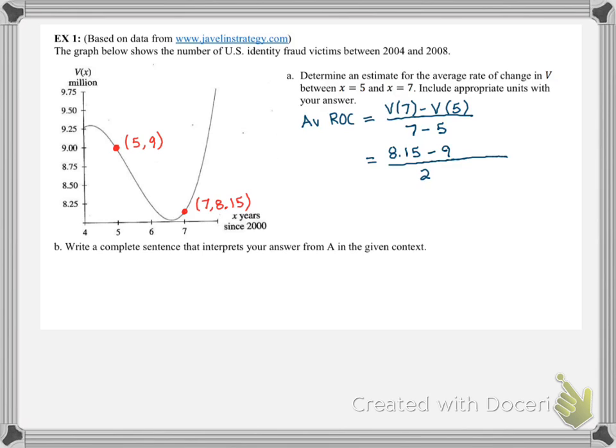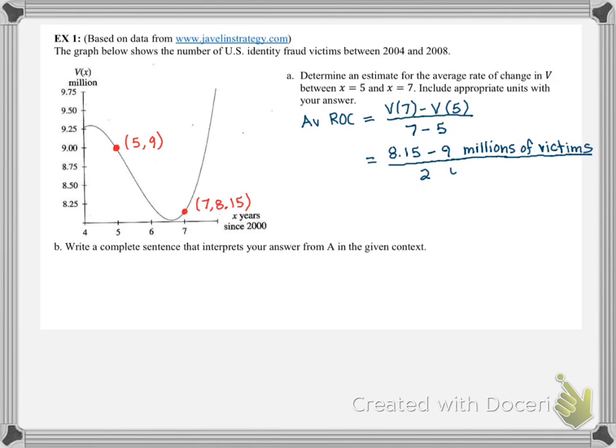And then I always think it's a good idea with applications to include your units in the fraction, because then at the end you'll be able to get them right because you know what you're dividing by what. So what are we using to measure the y values? Millions of victims. And then what are we using to measure the x values?